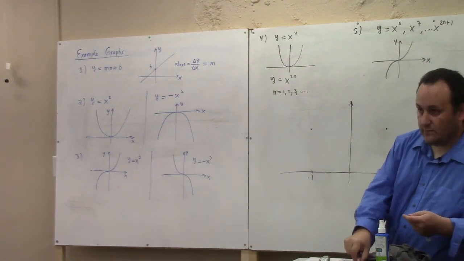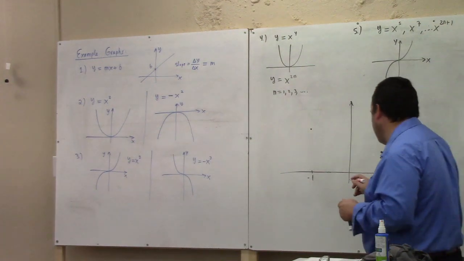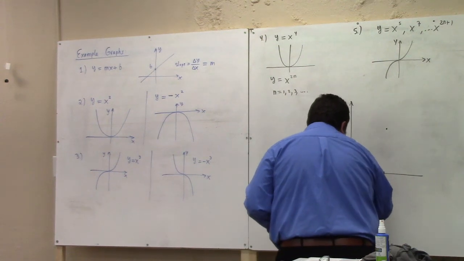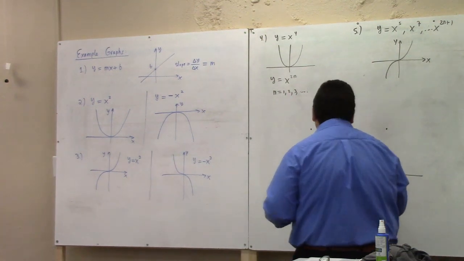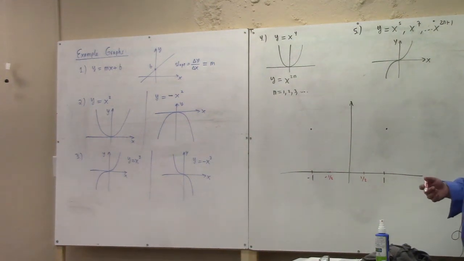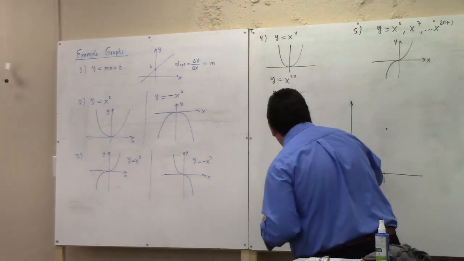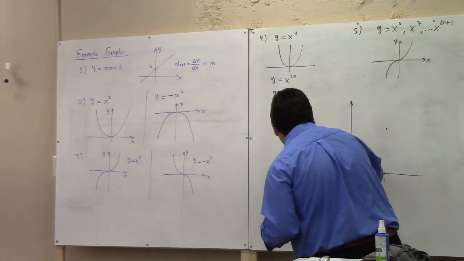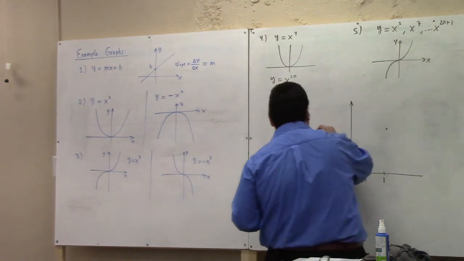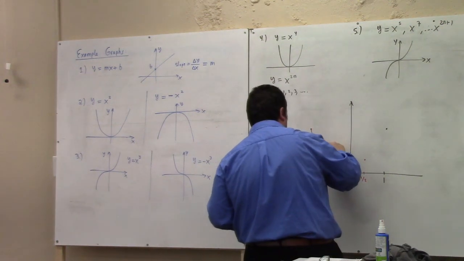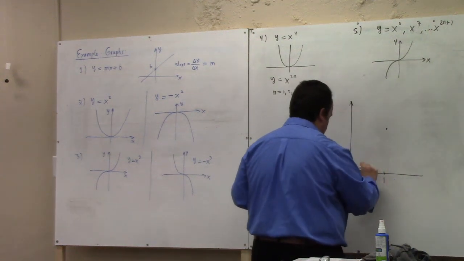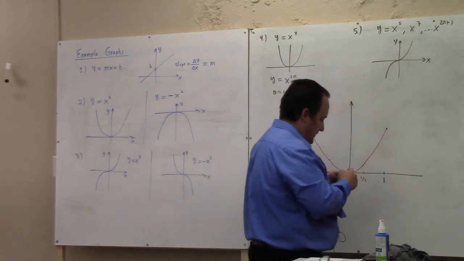The parabola, what happens when we plug in a half? What's 1/2 squared? It's a quarter, right? Yes. So the parabola is somewhere in here. So that would be the parabola.